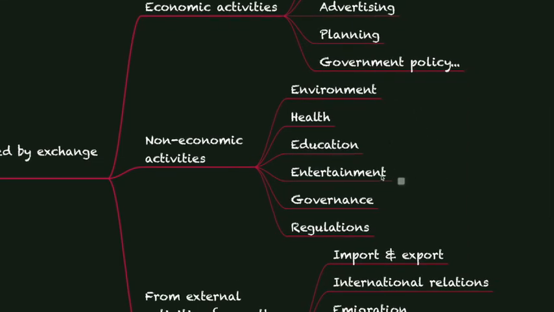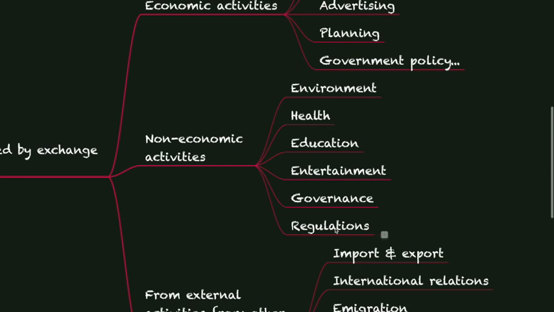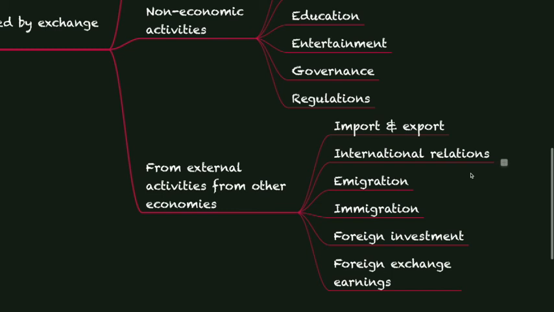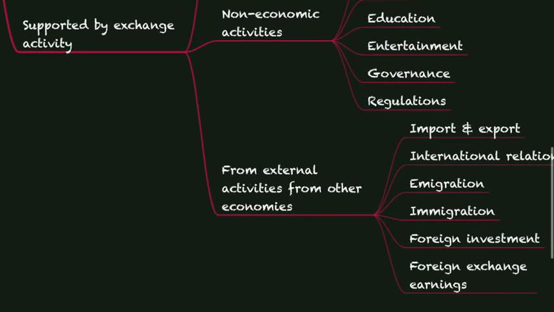Next is education, entertainment, governance, regulations provided by government bodies. And then we consider external factors or external activities from other economies, which are import and export, international relations with other countries, immigration and immigration laws, foreign investment, foreign exchange earnings, and such.